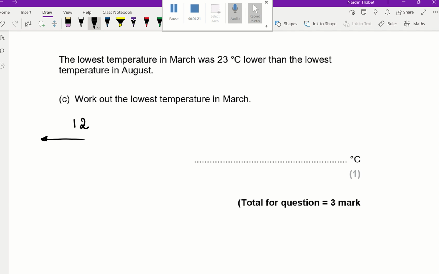So I'm subtracting again, 23 degrees lower. So minus 23 degrees. And again, you would get your calculator and you do 12 minus 23 and you get negative 11. This time you're not working out the difference, you're literally working out the temperature. And so you leave it as negative 11.